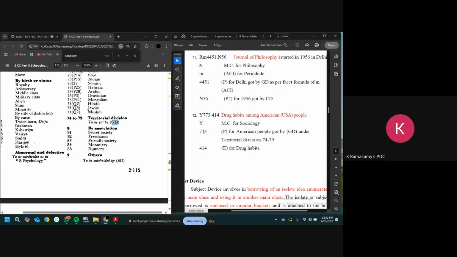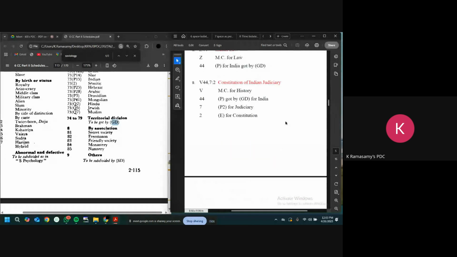American, 7.3, because 7 is America, 7.3 is United States of America. For example, for African people, you can put 7, followed by 6. 6 stands for Africa. It becomes African people. Fine. Are you getting the point? So geographical isolates can be used for sharpening the numbers which are already available or to create a new number.